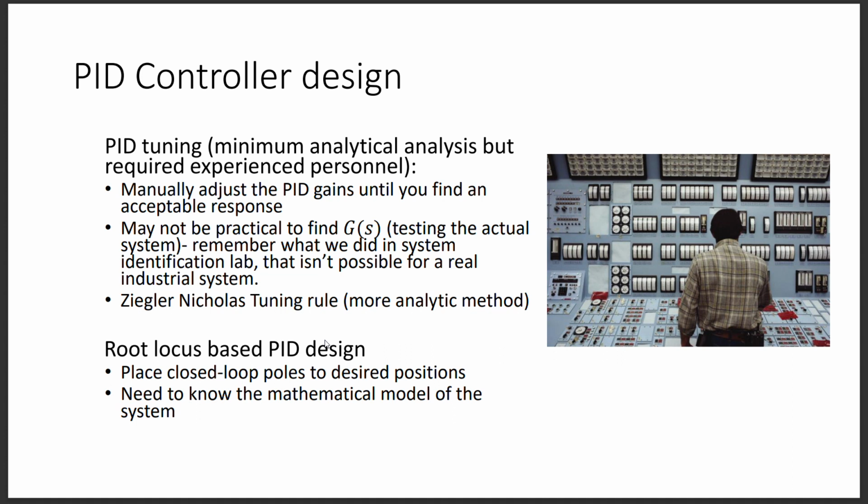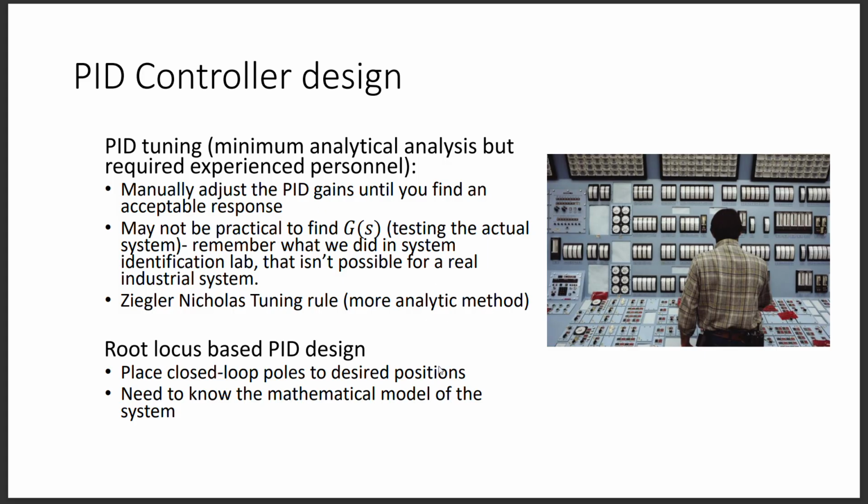You can manually adjust the PID gains until you get what you want, or you can use more analytical methods like the Ziegler-Nichols tuning rule that we are going to explain later. You can also use root locus based PID controller design, which later in this course we are going to study.